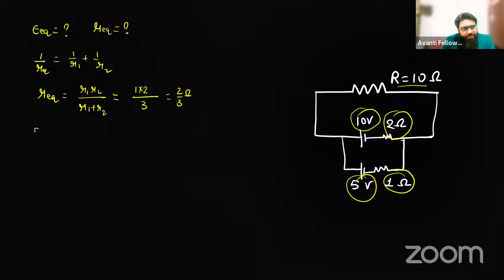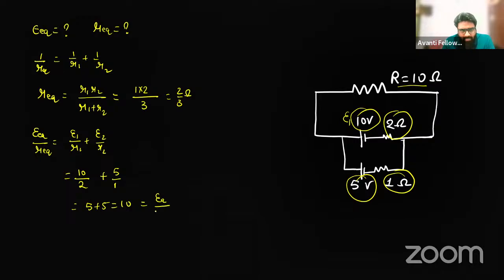Now to find E equivalent, E equivalent upon R equivalent is E1/R1 plus E2/R2. What is the value of E1? 10. Let's say E1 is this, so 10/R1 is that 2, E2 is 5, R2 is 1, so it will become 5 plus 5, which is 10, equals to E equivalent upon R equivalent, which is 2/3, so it will become 3/2.